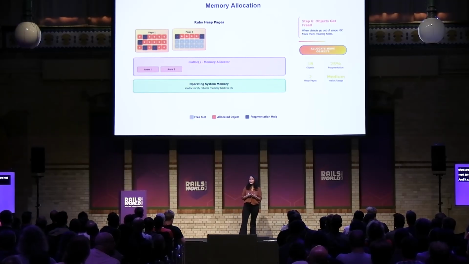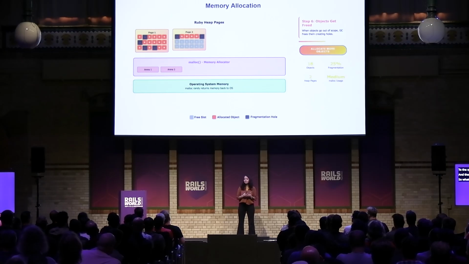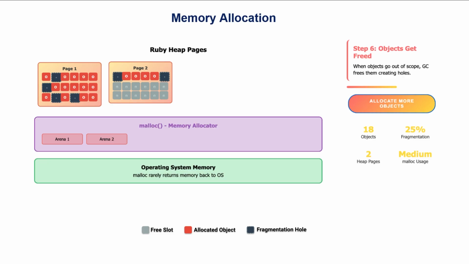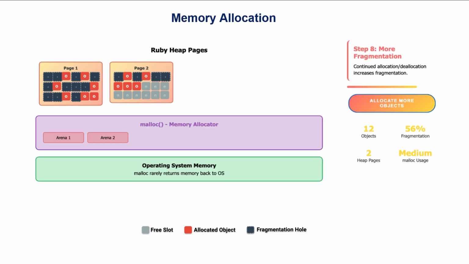So it asks for another page from the system allocator, and then the pages go on increasing. So what we see is there is actually free memory inside the heap, but it is not in a good shape for allocating the objects. This is what we call heap fragmentation. And we go on with more fragmentation because continuous allocation and deallocation increases it.